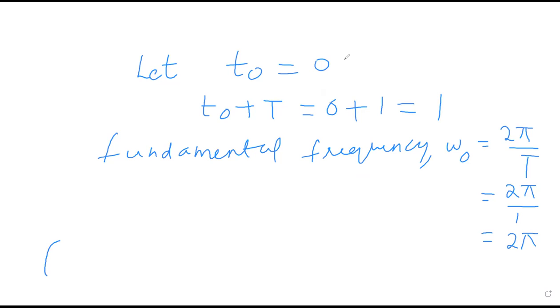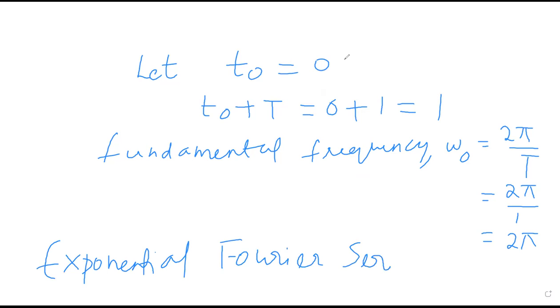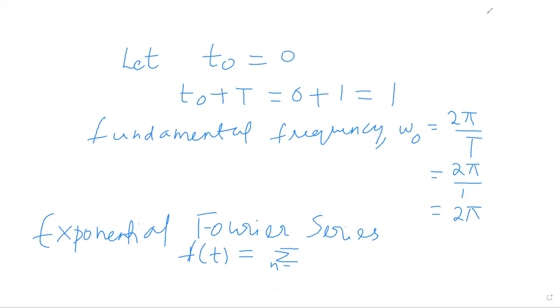The formula is f of t equals the summation of n equal to minus infinity to plus infinity Cn e to the power j n omega naught t.